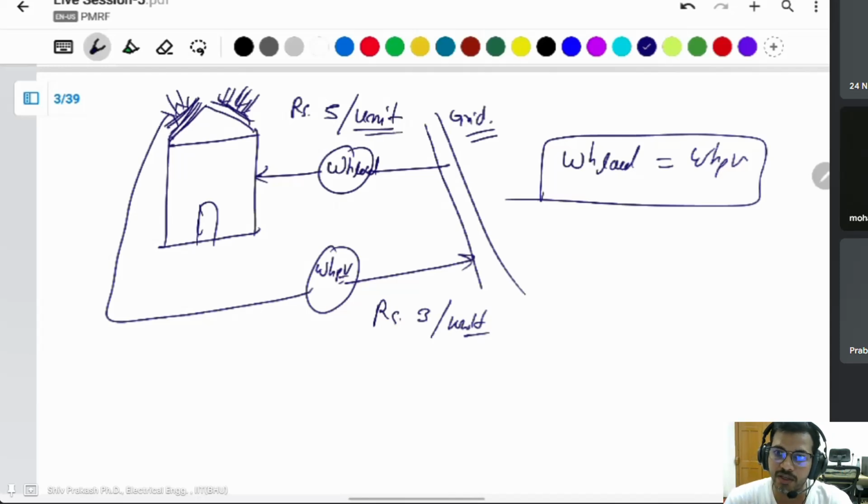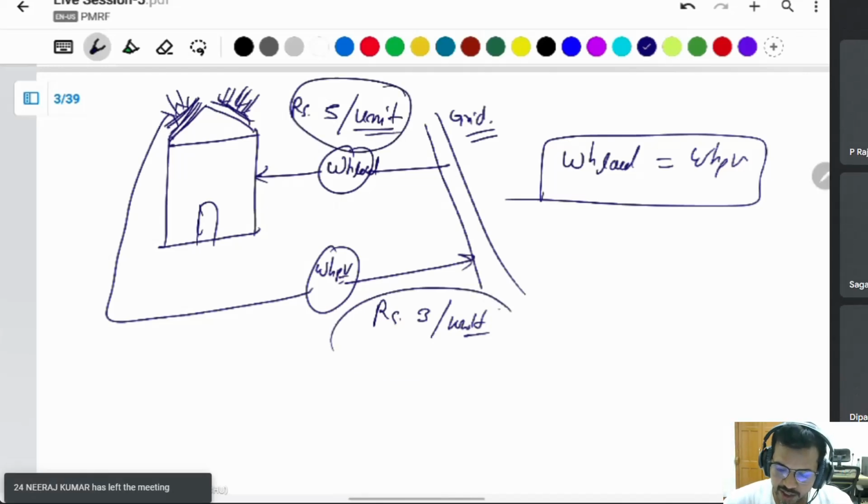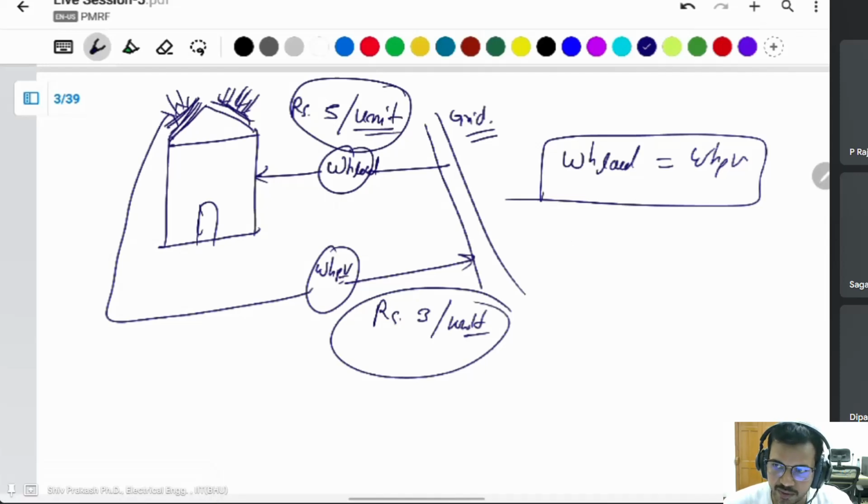So they buy from you at only 3 rupees per unit, but sell to you at 5 rupees per unit. In that case, if you want a zero electricity bill, you supply more power to the grid from your solar cell.